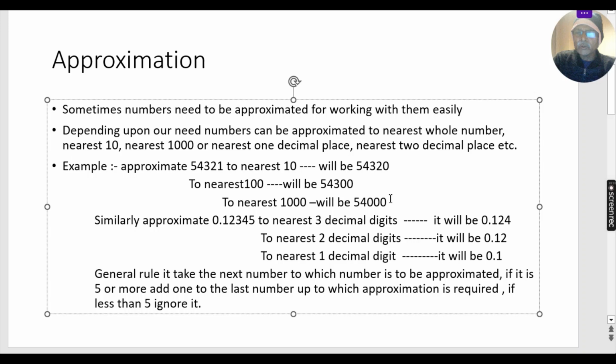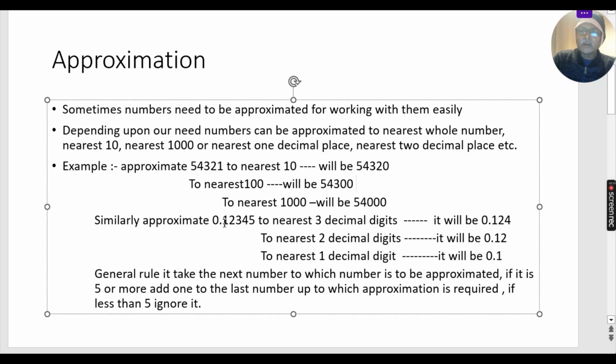Now it will be more clear when I take an example of decimals. Say we have a decimal figure 0.12345. If we want to approximate it to the nearest 3 decimal places, 3 decimal places means the 3 digits after the decimal point.